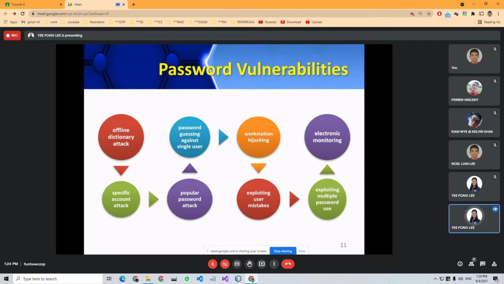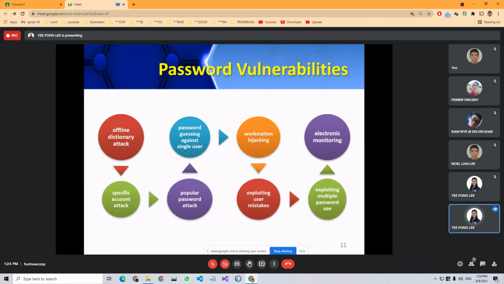So it means they are waiting for the device to be inactive. It means the user is not there. They will take this chance to log in to the device as if they are the authorized user. Of course, they study and they have a list of passwords they are guessing and trying.